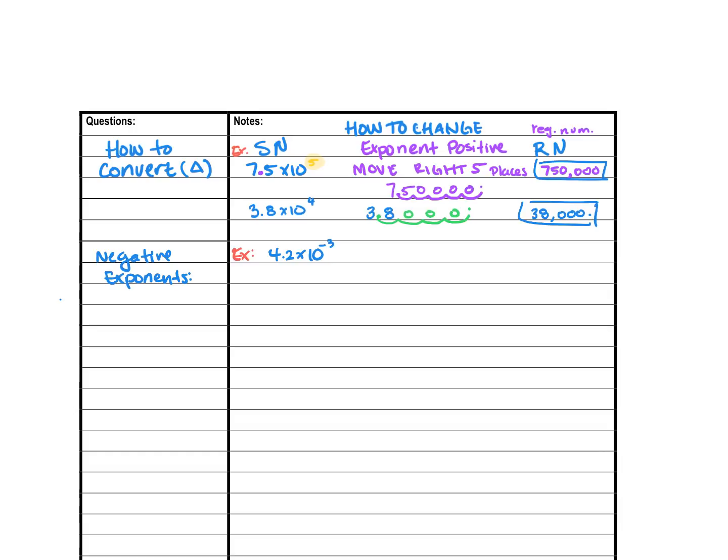Let's just take some notes really quick. Your exponent is negative. So that means you're going to move left. 3 places.